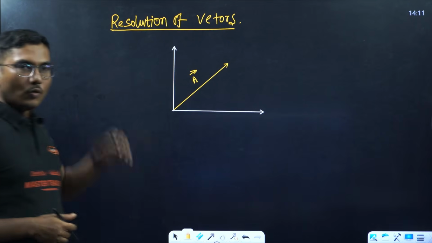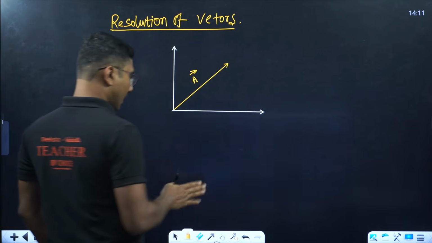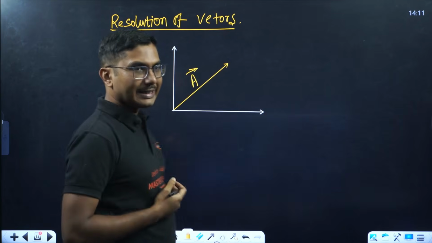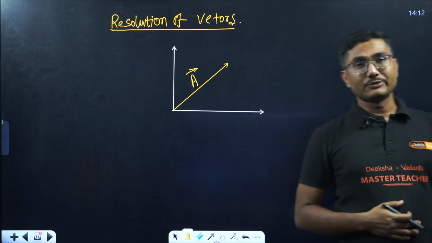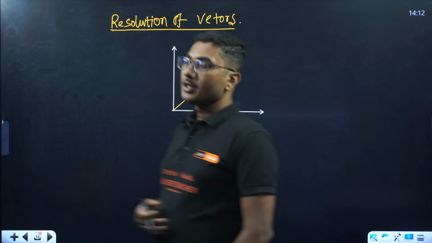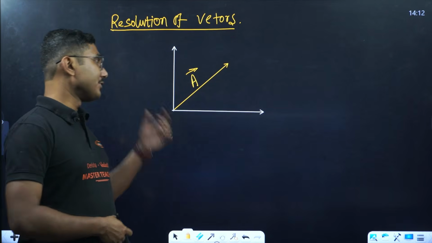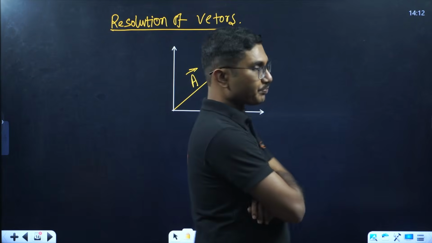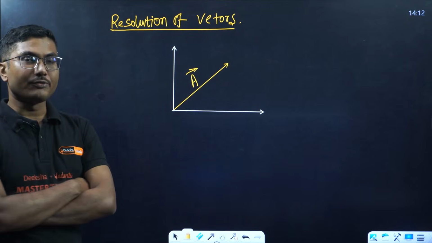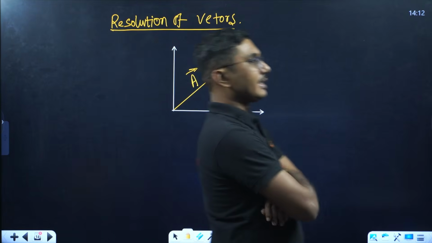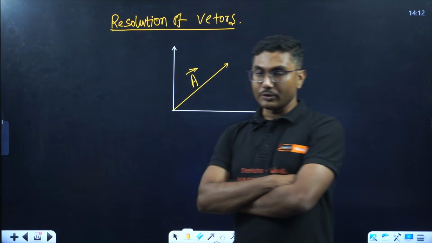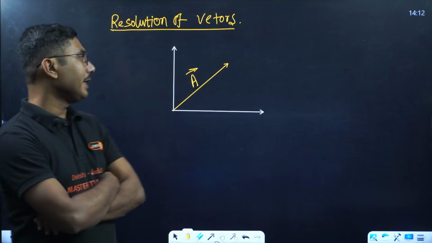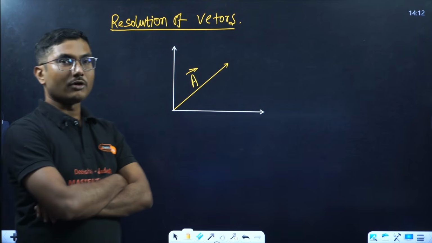Now what we are trying to do is this: understanding this vector is difficult. This is one single vector, and in many cases we need to have many vectors, and we will be struggling to add them in the normal method of addition. The normal method of addition can be tricky if you are adding, say, 3, 4 or 5 vectors. That's why we generally use a very simple method, which is called resolution.